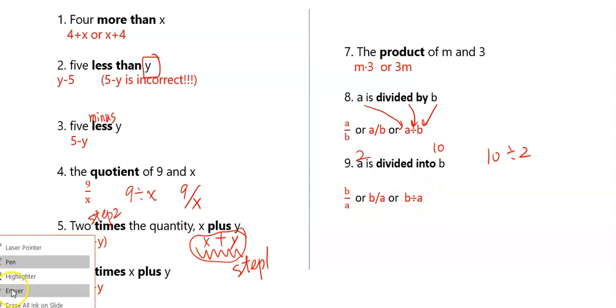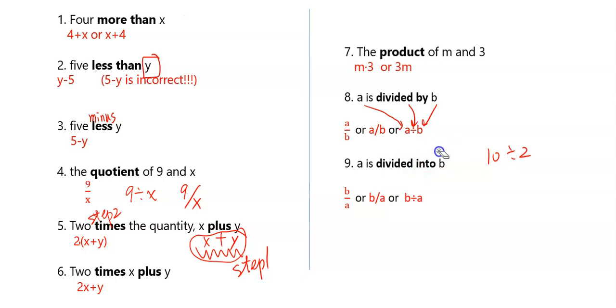Again, some of these can be a little bit confusing. A lot of students make mistakes, like with less than and less. They're different. The order is different, as you can see. Less than, you start from y and deduct 5. But 5 less y means 5 minus y, so you just follow the order.